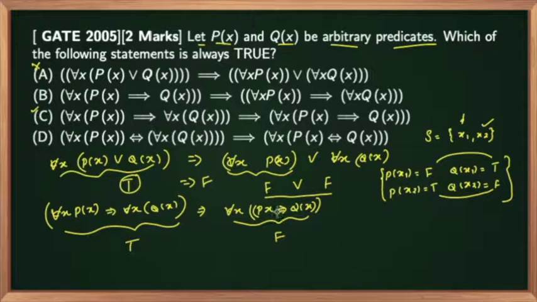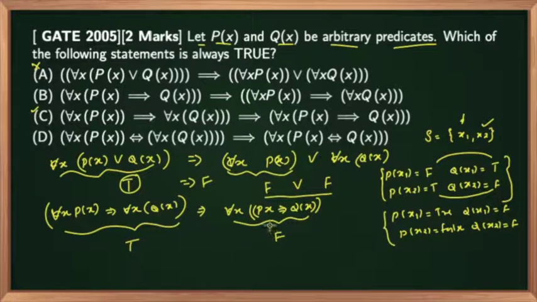So this side should be false means there exists some value for x that p of x is true and q of x is false, right? So maybe I will say p of x1 is equal to true and q of x1 is equal to false. Similarly, p of x2 is equal to false and q of x2 is equal to false.